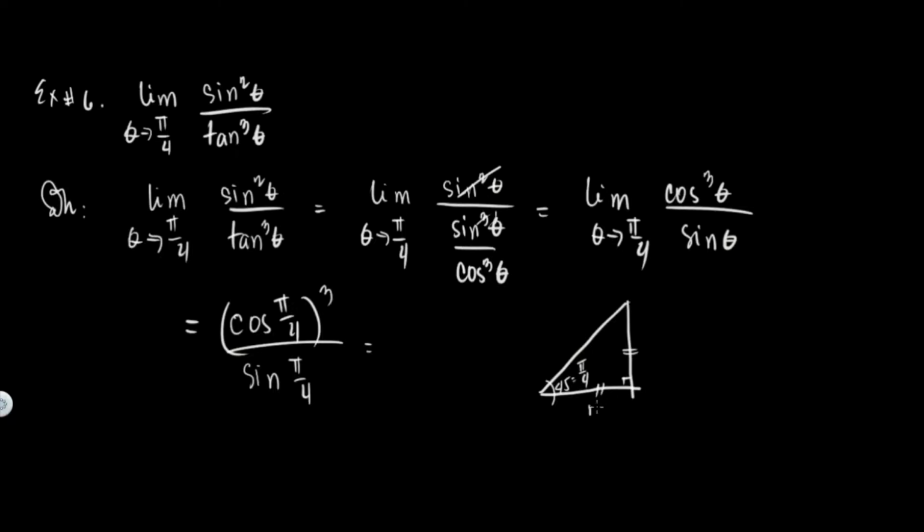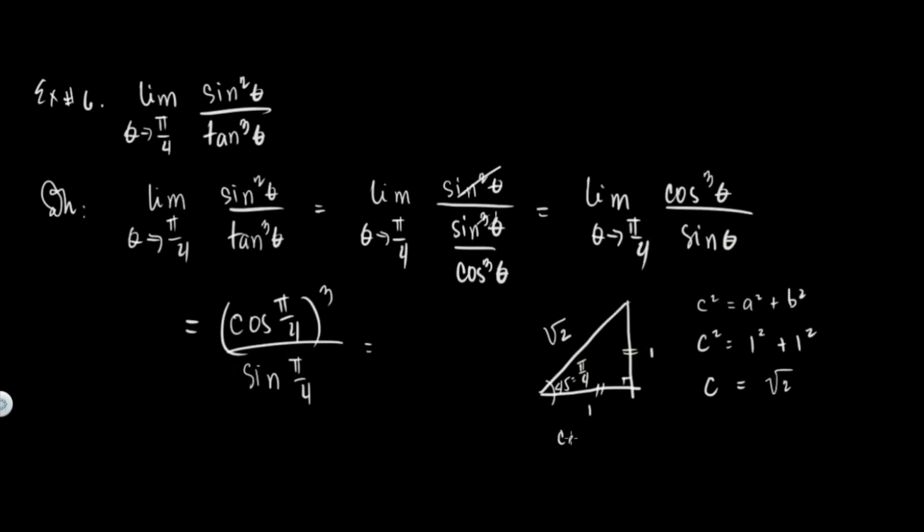Okay? Say 1. So, 1 din. So, by using Pythagorean Theorem, we have a square plus b square equals c square, no? So, the hypotenuse is equal to square root of 1 square plus 1 square. So, this is square root of 2. So, ito pala ay square root of 2.